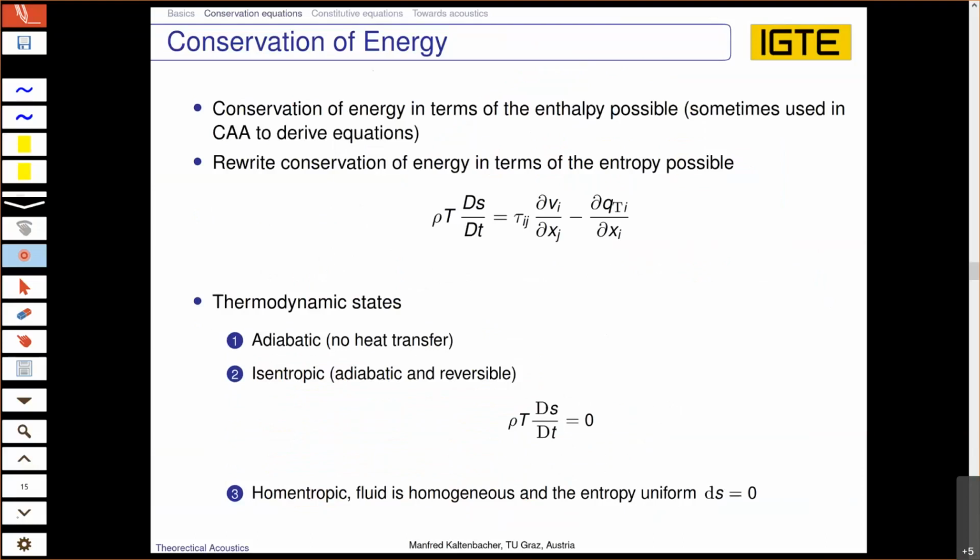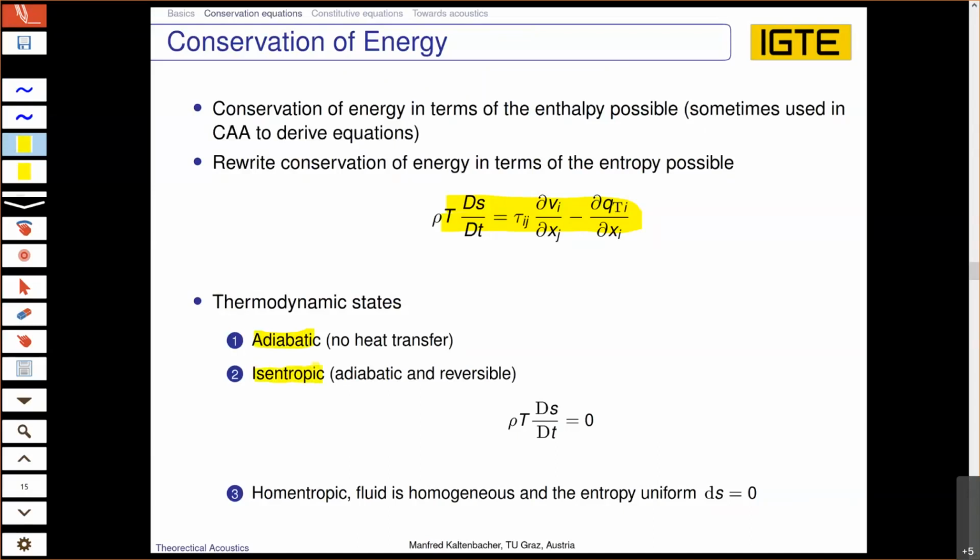Okay, we can reduce or simplify the conservation of energy in terms of the entropy, as shown here. This equation is not as easy to obtain; I have a derivation in my script. But what is more important for us, especially when we are looking at aeroacoustics, where we have flow in air, is that we are in a thermodynamic state that we can describe as adiabatic and isentropic.